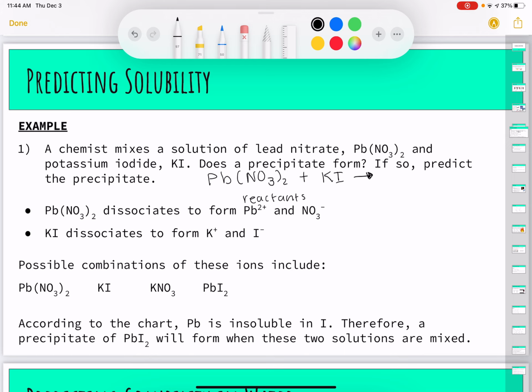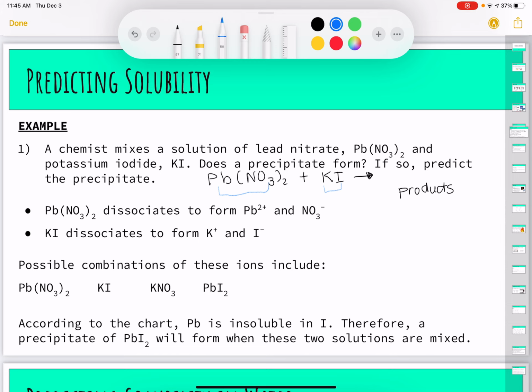Well, some background information for this question is that we would have to know what the products are. And you can actually predict this. But we haven't talked about this yet. So this question is a little bit beyond us, but I will explain it right now. When you have a compound there and a compound here, you've got 2 ions and 2 ions.